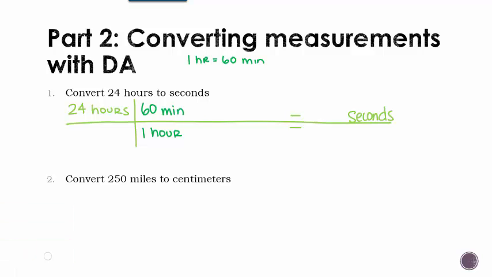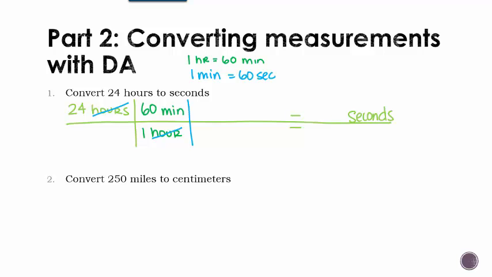And now we need another conversion factor. If we were to stop this problem right now, our hours would cross off since we have 1 on the top and none on the bottom, and we would be left with the number of minutes in 24 hours. But we want seconds. So our other conversion factor is that 1 minute is the same thing as 60 seconds.